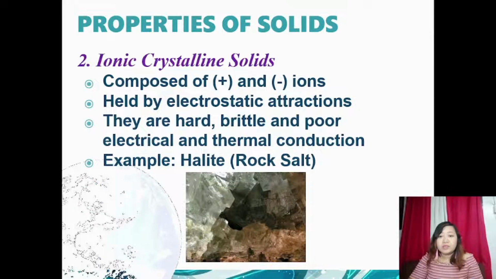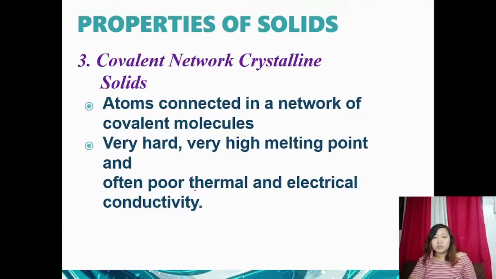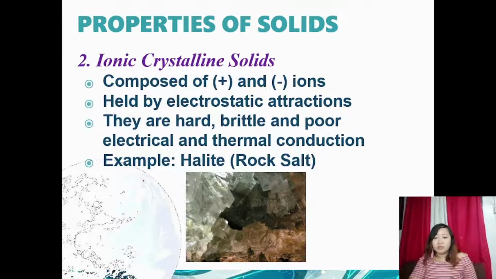Ionic crystalline solids. An example is halide. This is commonly known as rock salt. Again, it is held together by ionic forces or ionic bonding. It is composed of positively and negatively charged ions.